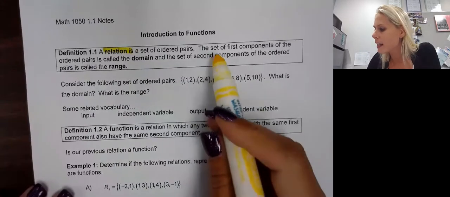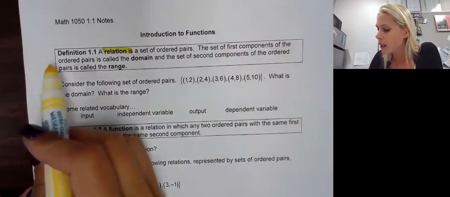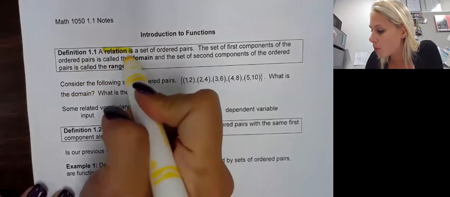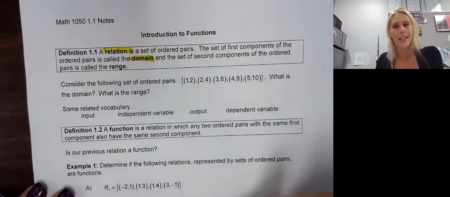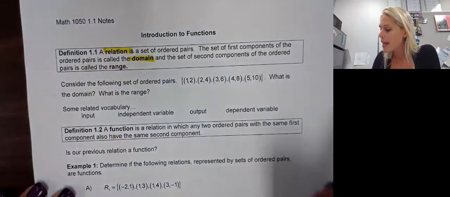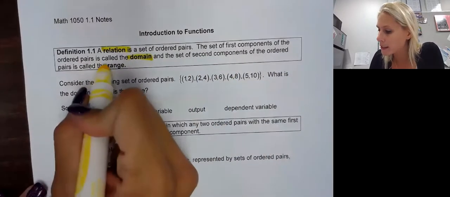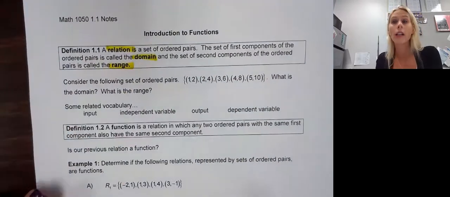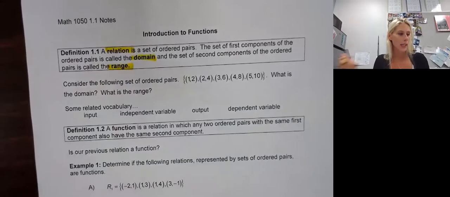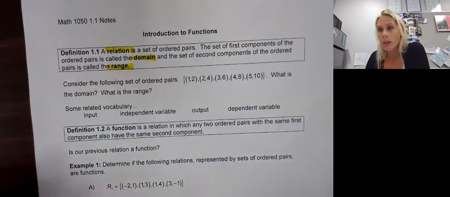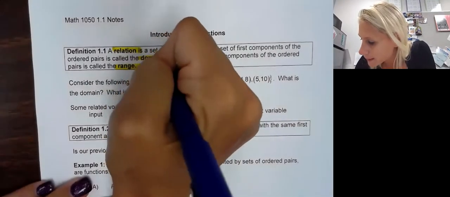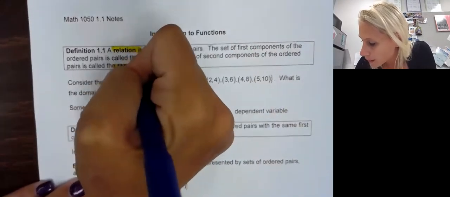The set of the first components of the ordered pairs is called the domain. So the first set, that's your x values. The second component is called the range. And of course, the second value is the y value. So I might want to write that down for me so I know later. Domain are x's, range are y's.